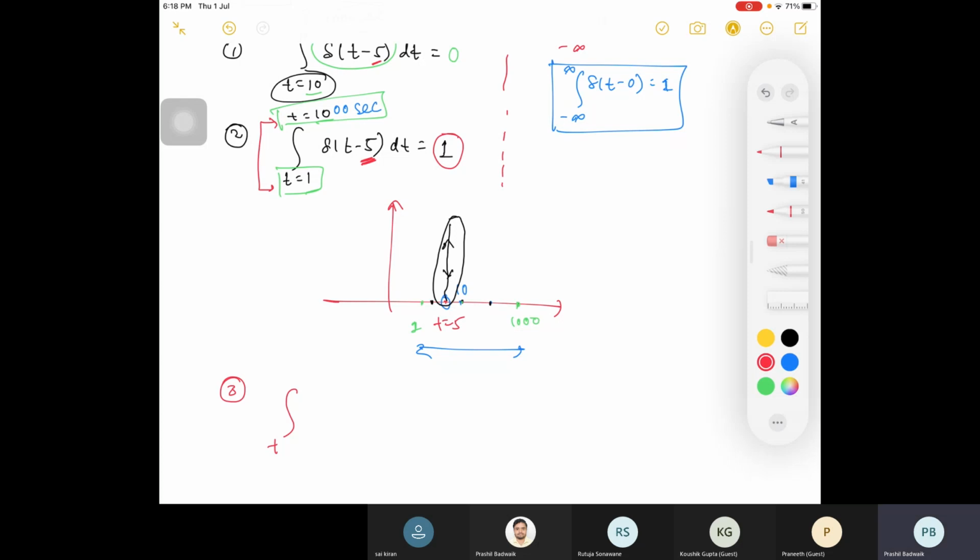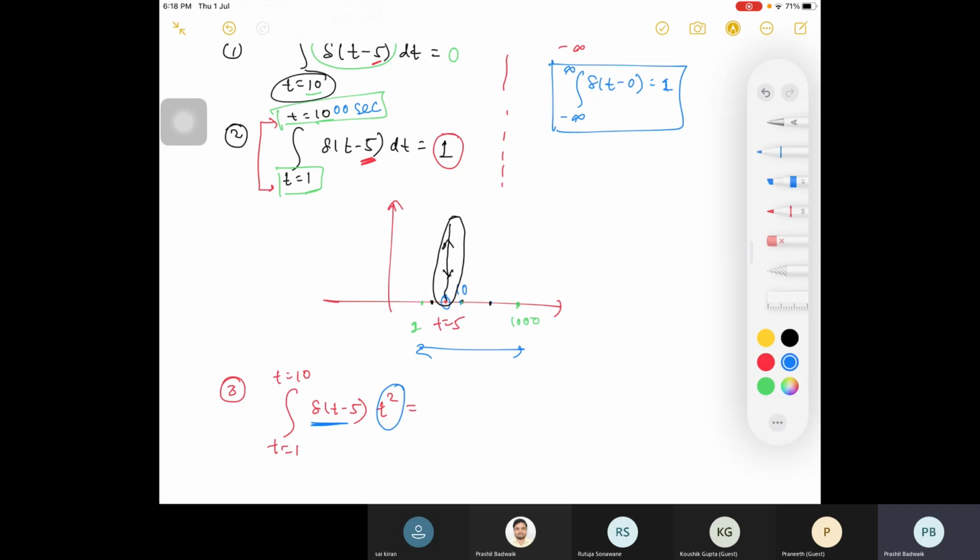You write this example: integral from t equals 1 to t equals 10 of del of t minus 5, multiplied with t square. In this case, according to your property, you will be having this value as 1 and you need to multiply this.